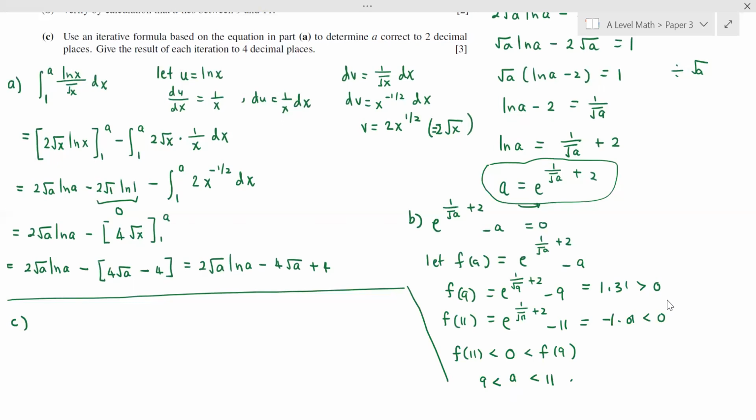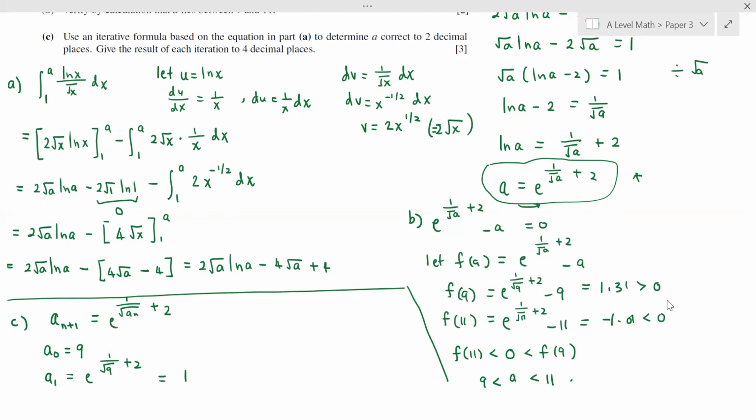In order to do that, we can rewrite the equation in part A as a sub n plus 1 equals e to the 1 over square root of a sub n plus 2. We are going to start with the iteration a naught equals 9. So a sub 1 is e to the 1 over square root of 9 plus 2.